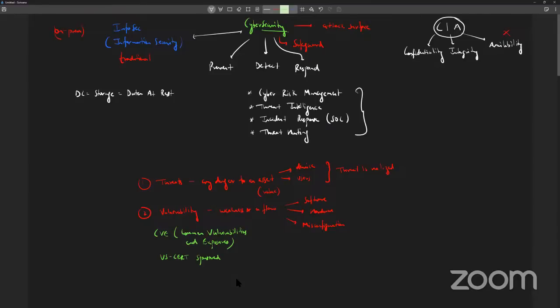They publish a list of CVEs, and this list highlights all the vulnerabilities that have been known up until now worldwide.